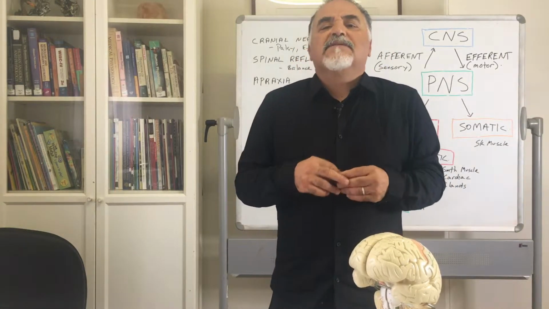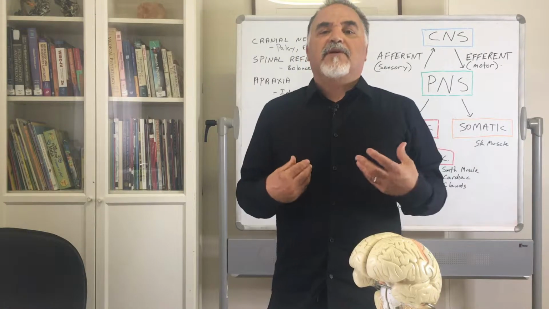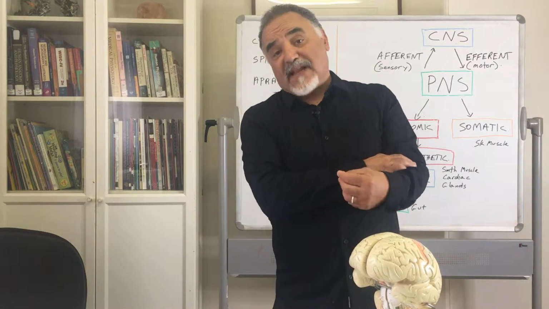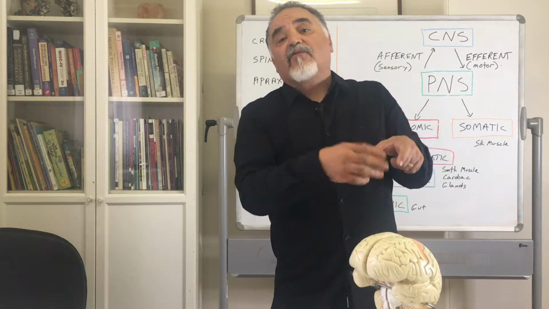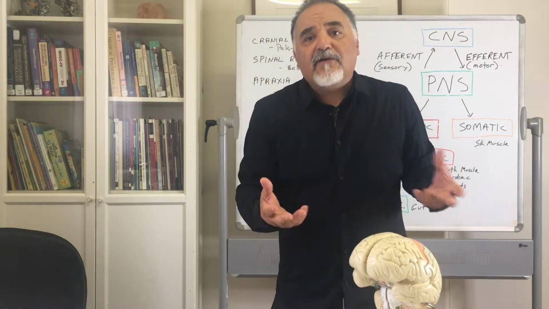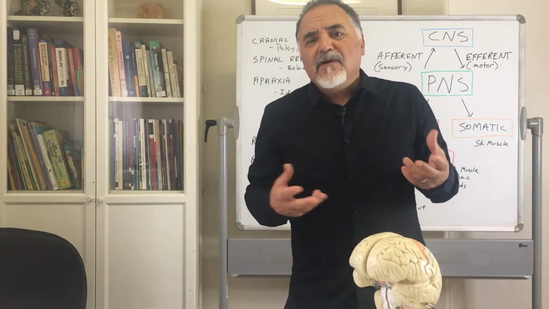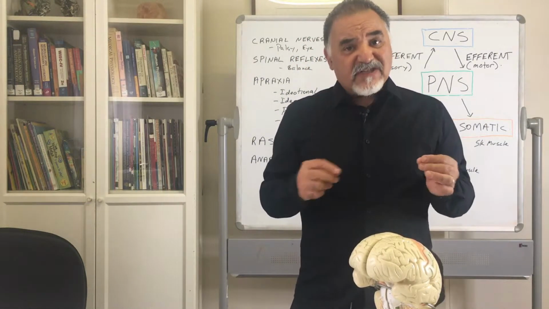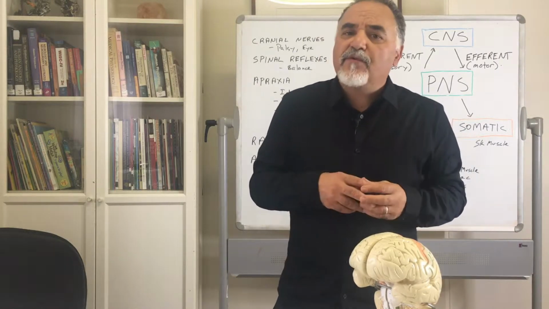Often you find smooth muscle associated with the tubes of the body, such as your gastrointestinal tract, as well as your blood vessels, because they are tubes through which fluid flows, or food and other fluids together flow, and they are surrounded or controlled by smooth muscle.